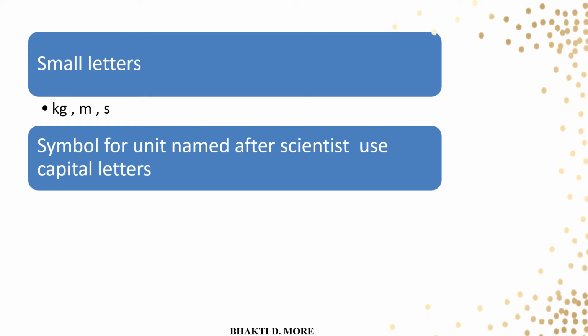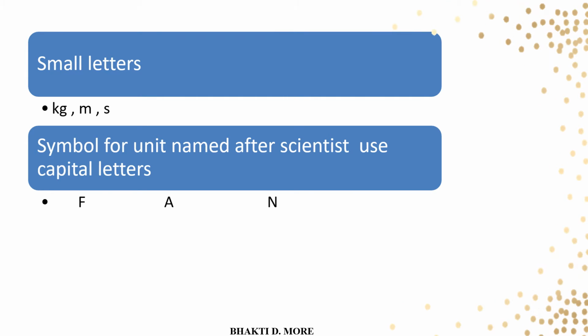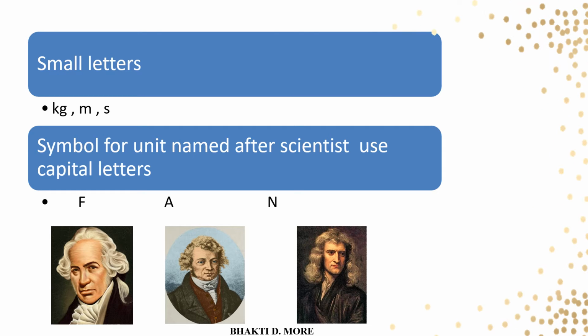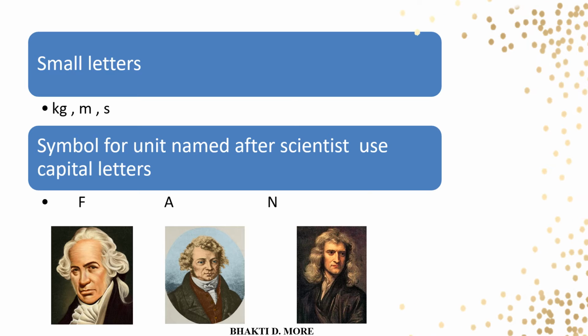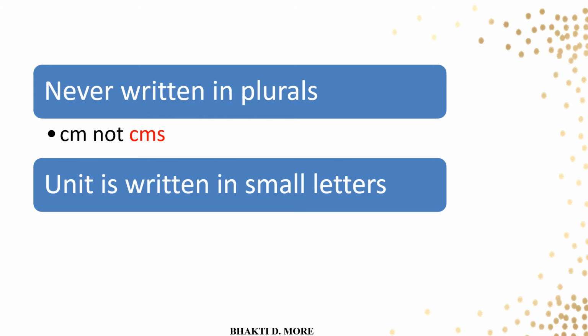The symbol for a unit named after scientists uses capital letters. For example, F stands for Fahrenheit, A stands for Ampere, while N stands for Newton. The units are never written in plurals. For example, centimeter not centimeters, or kg but not kgs. Unit names are written in small letters. For example, meter but not Meter with capital M.